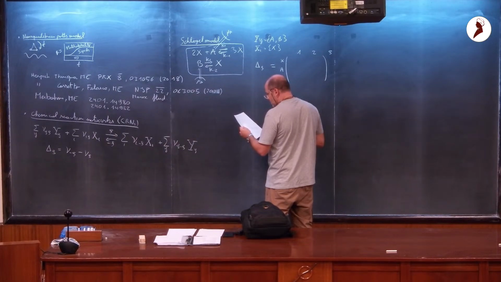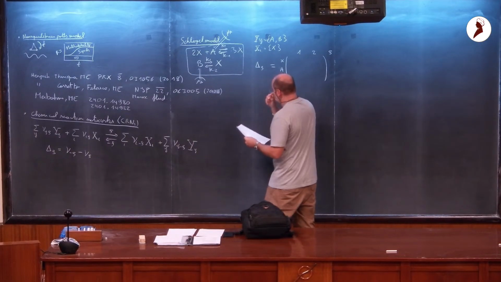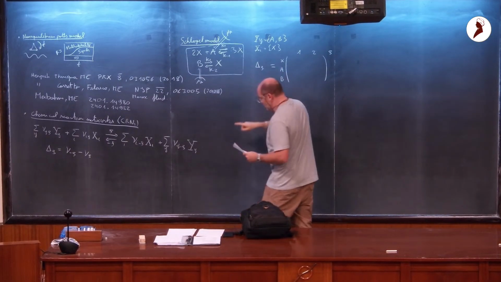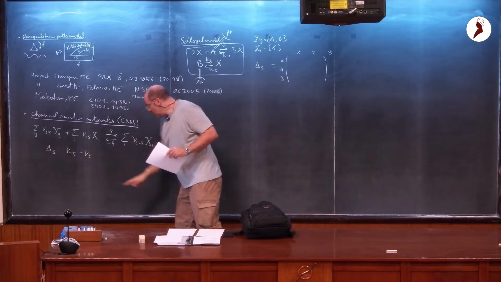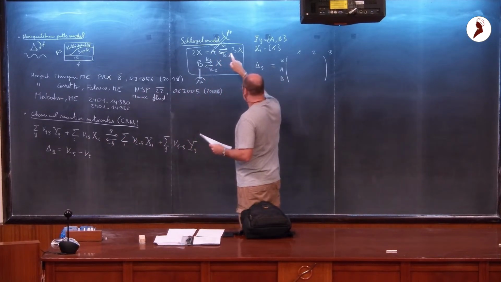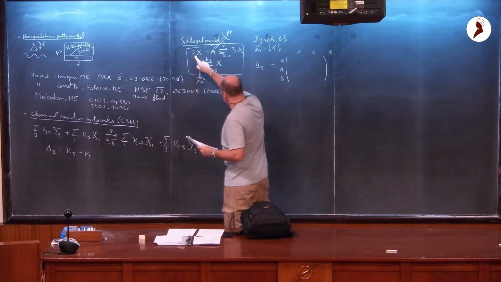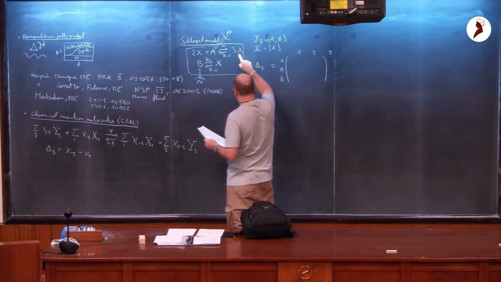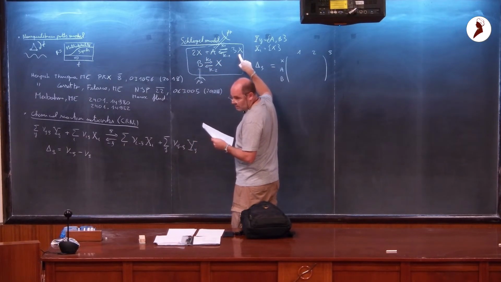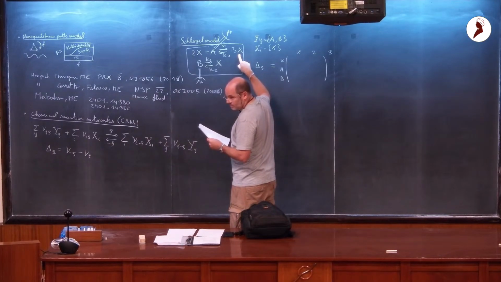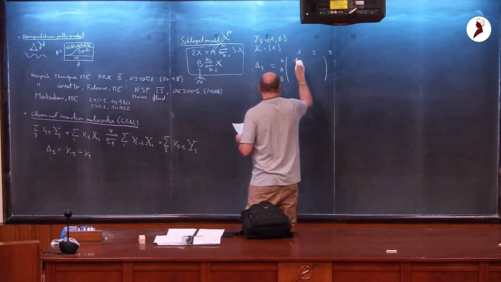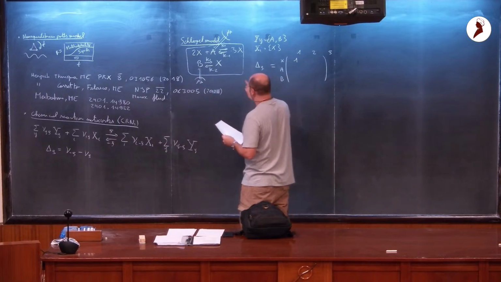What did I do in my notes? No, it's correct, because it's the difference between the two. So it consumes 1, produces 3, so the net effect is 1 on X. It produces 1X.